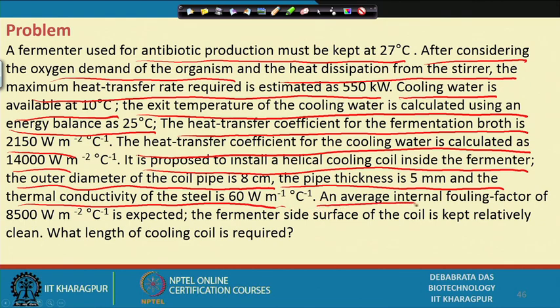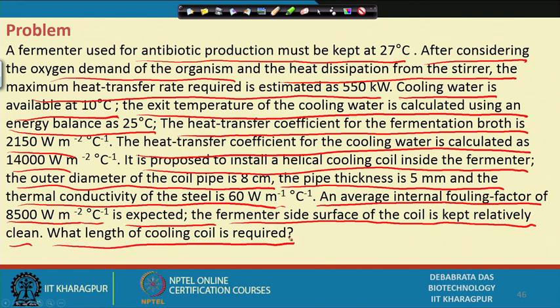An average internal fouling factor of 8,500 watt per square meter per degree is expected, and the fermenter side surface of the coil is kept relatively clean. What length of cooling coil is required?